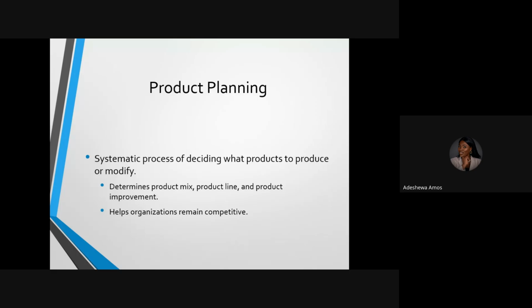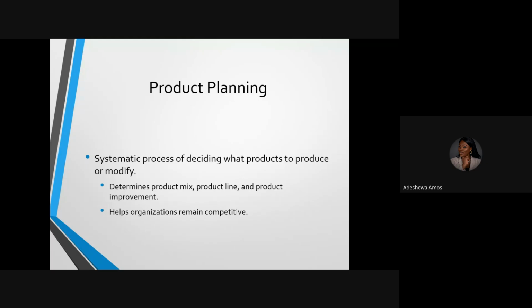Let me take away the oil, let me reduce the spices, meaning that you've modified that product. So as an operations manager, you are doing product planning, and in doing that, you'll be competitive in such a way that before even your competitors think of doing something, you've already thought of it, produced it and sent it to your customer, meaning that you are always satisfying your customers.